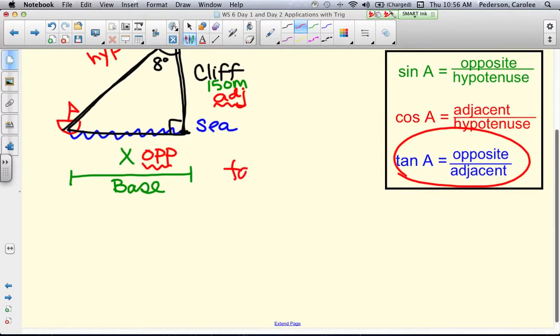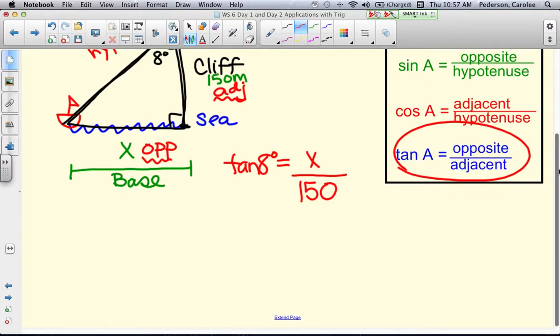So we're going to set up our equation. The tangent of 8 degrees equals opposite, which is unknown, that's our x, our base, over adjacent, which is the height of the cliff, 150. Now we solve this equation for x. So we're going to multiply both sides by 150.